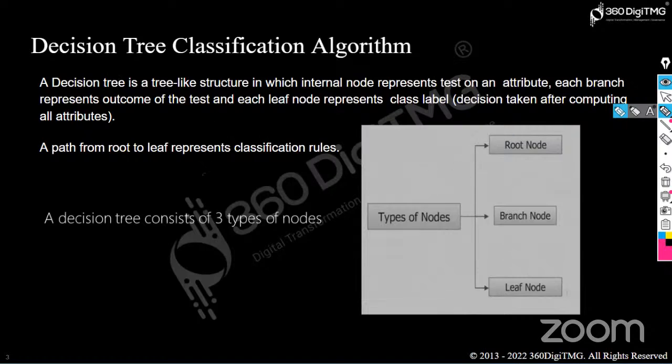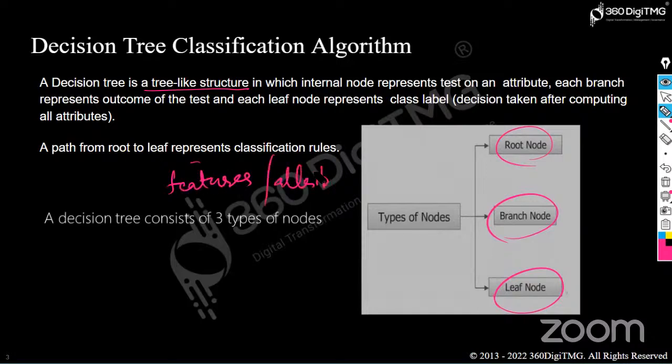with the tree-like structure. So you will be having a tree-like structure, which will be having all internal nodes, which we refer to as features or attributes of the data. And each branch node represents the outcome. This is internal node.